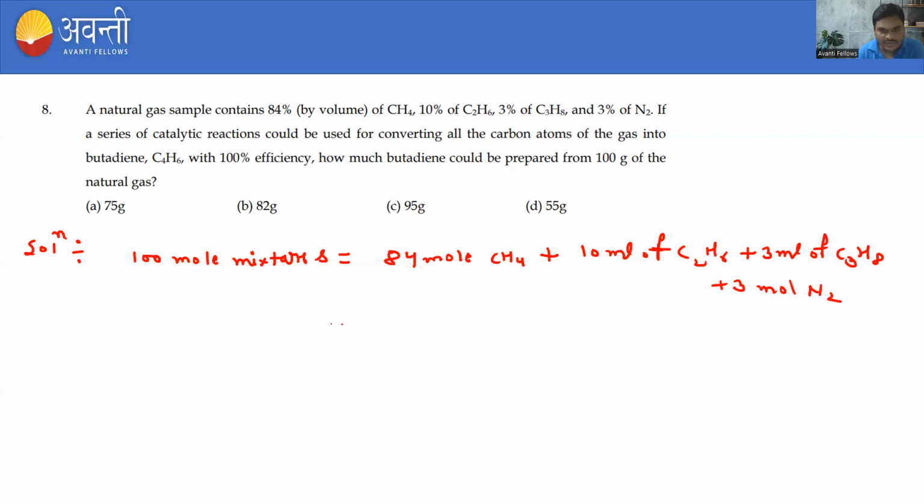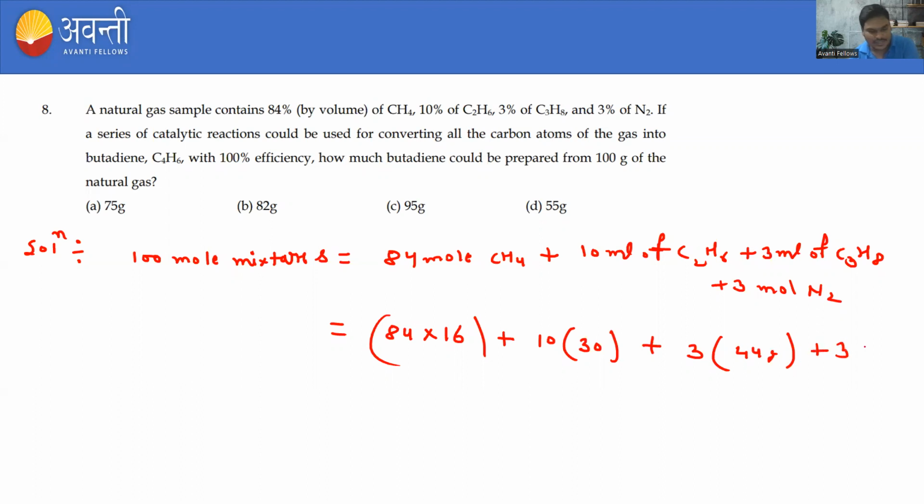Just solve this. So what do you get? We get 84 into molecular mass of CH4, which is 16 gram. Similarly, this is 10 and molecular mass is 30 gram. Similarly, this is 3 and C3H8 means 44 gram.